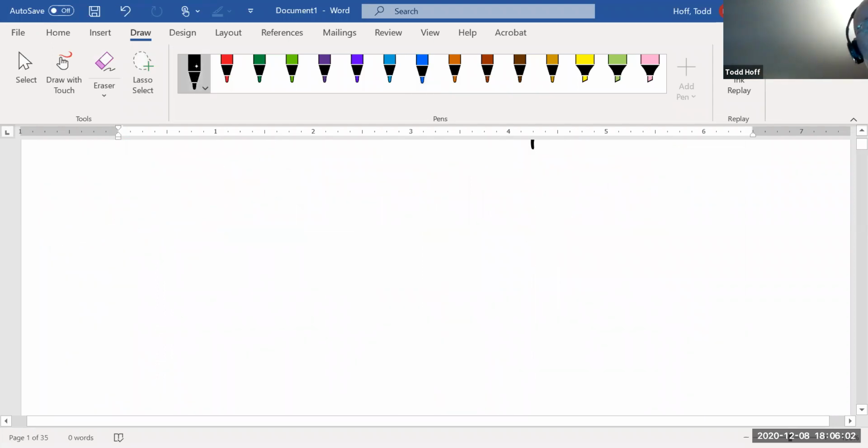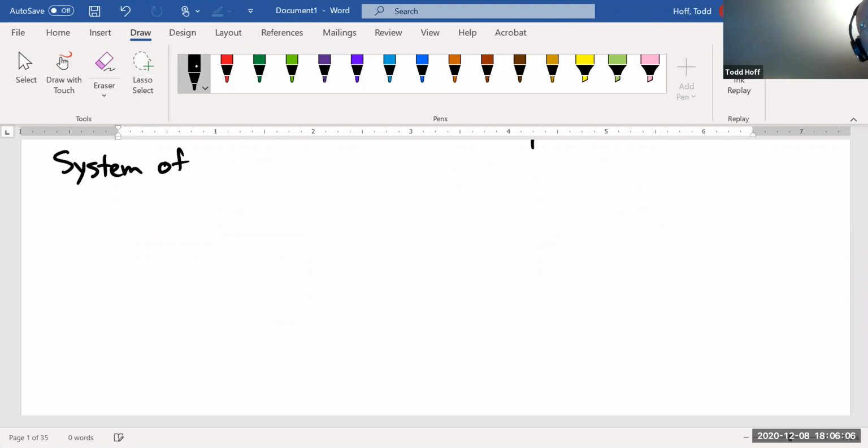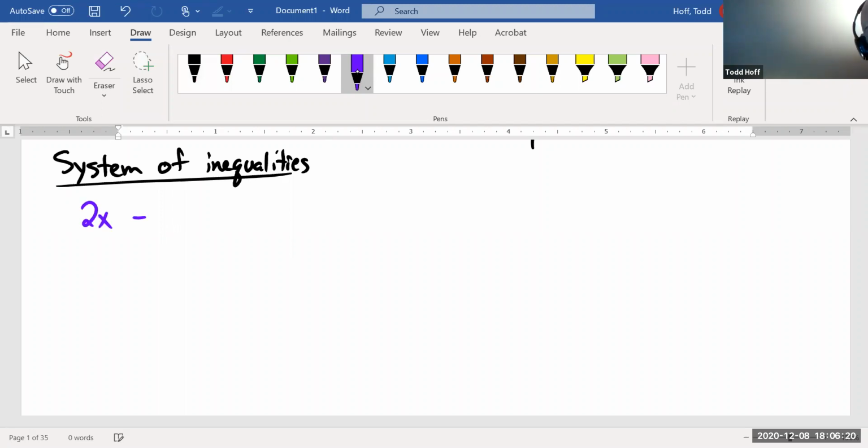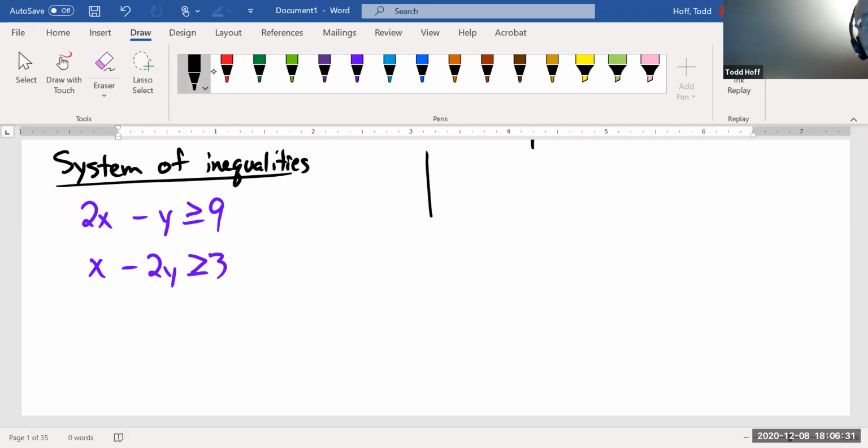A system of inequalities then uses two inequalities. Let's take, for example, 2x minus y is greater than or equal to 9, and x minus 2y is greater than or equal to 3. So let's see here.